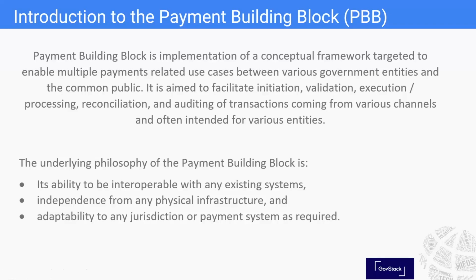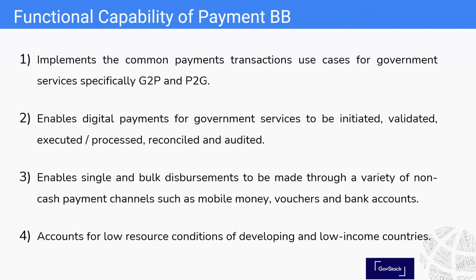Because our design is based upon the Kubernetes environment, it could be set up anywhere, considering that we need it to be adaptable to any jurisdiction or payment system as required.